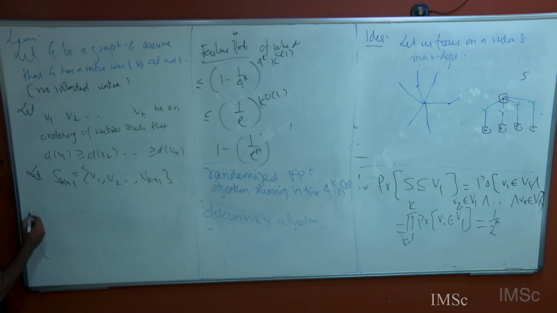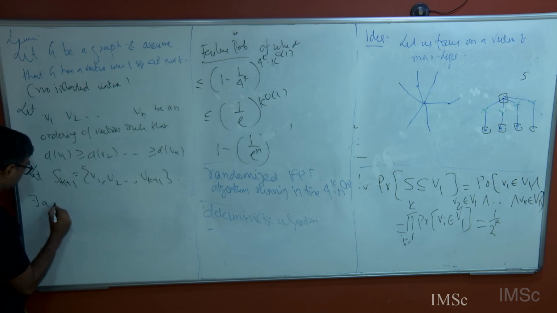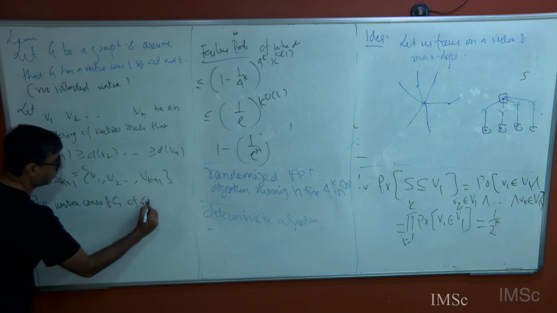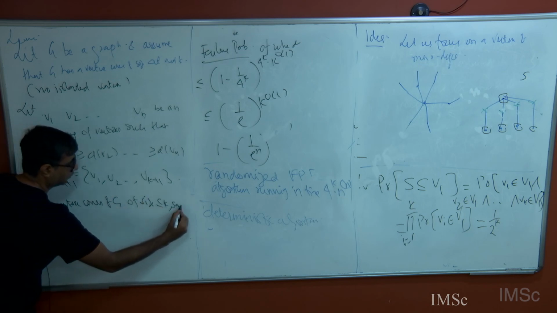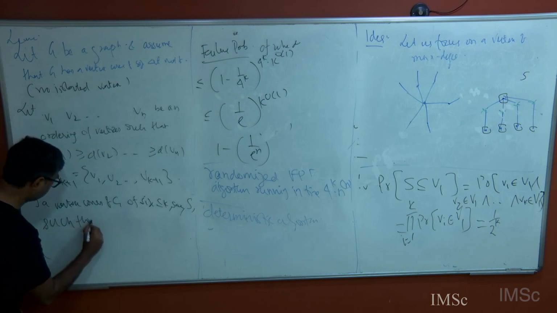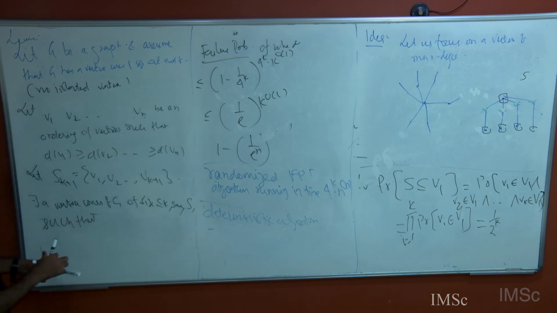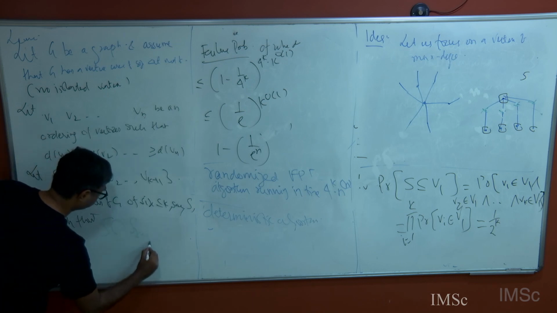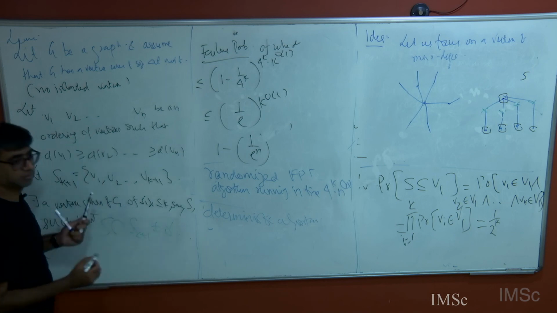So I want to say there exists a vertex cover of G of size at most k, say S, such that S intersection S_{k+1} is not equal to empty.